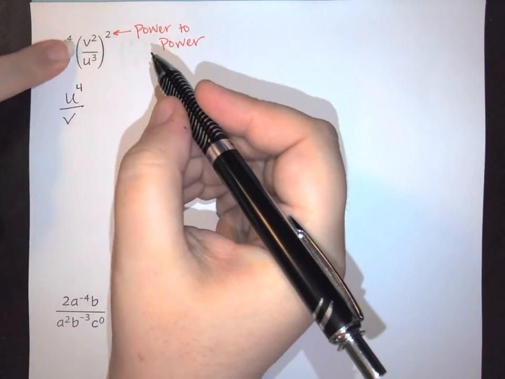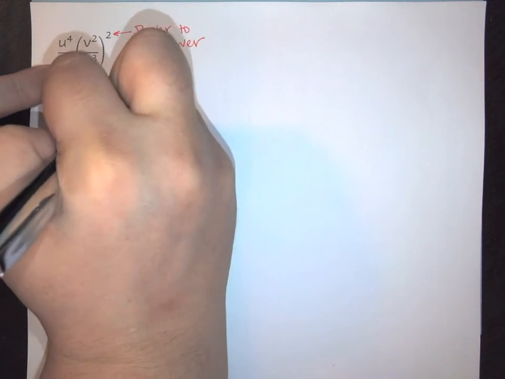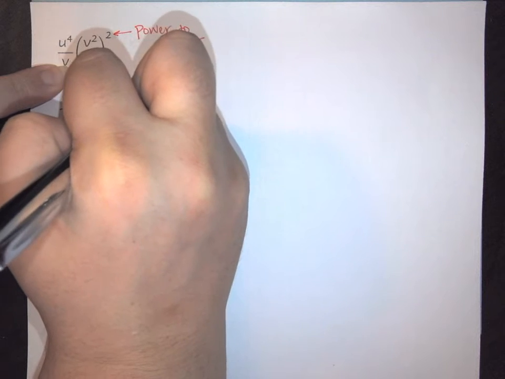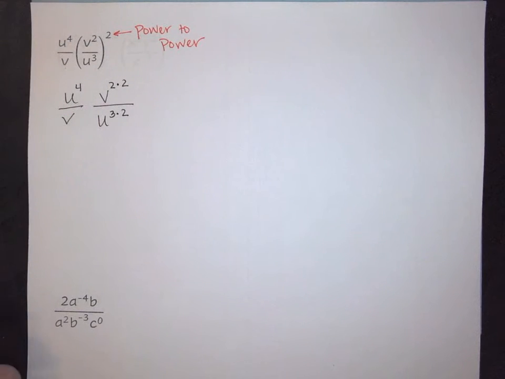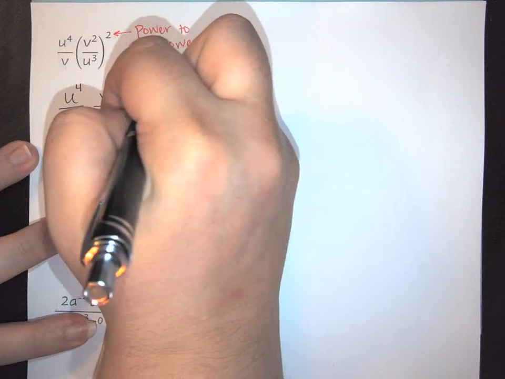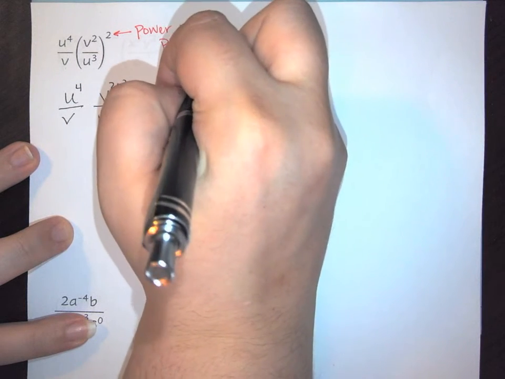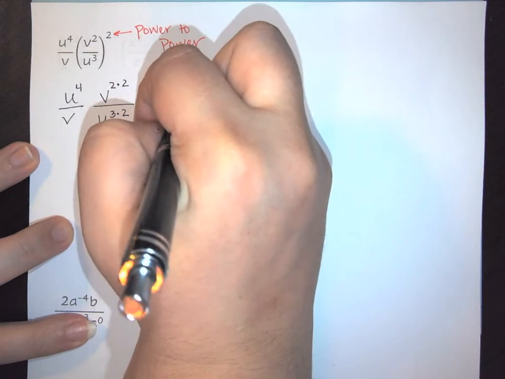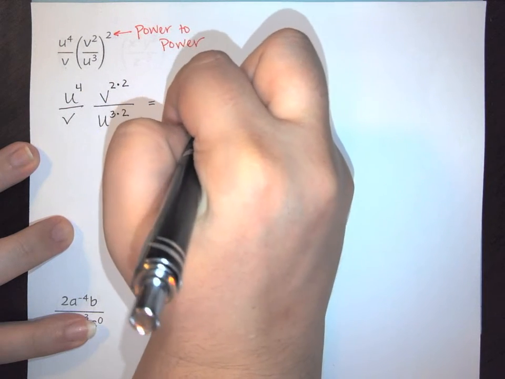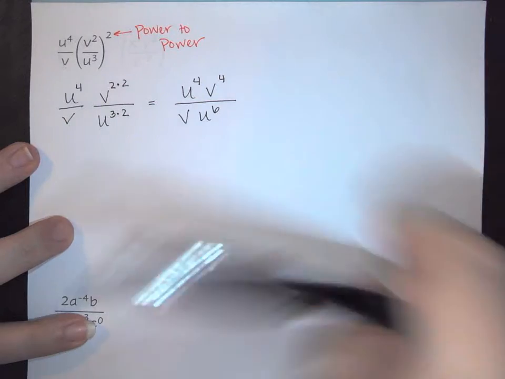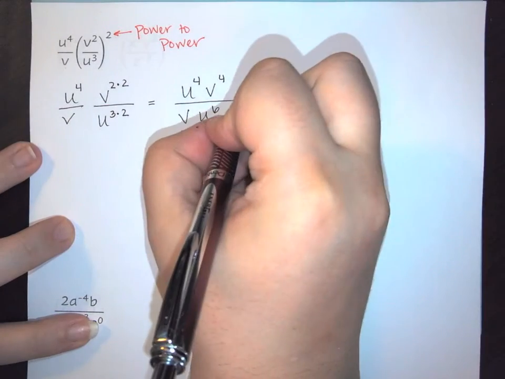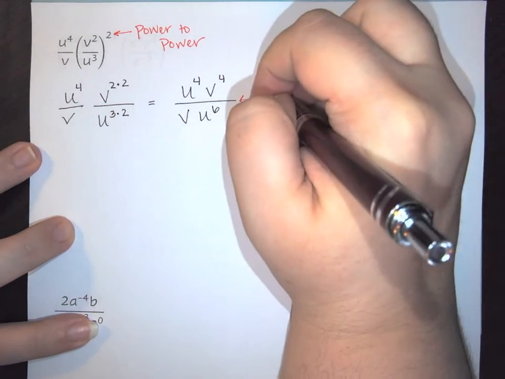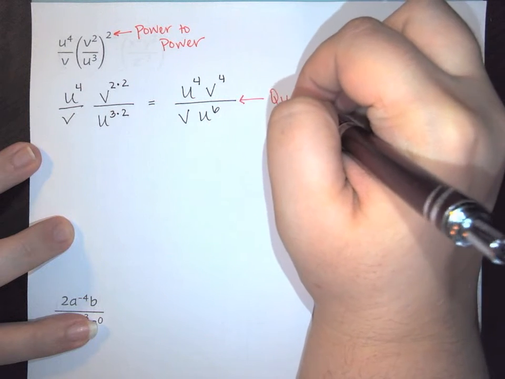And I'm going to multiply this, so on the top this is going to become v to the 2 times 2 over u to the 3 times 2. So power to a power again means multiply. So this here is going to become u to the 4th, v to the 4th, all over v, u to the 6th. So now again, if we look, we've got this quotient line. So this here again says that we have that quotient rule.